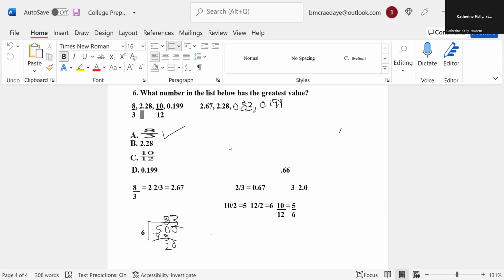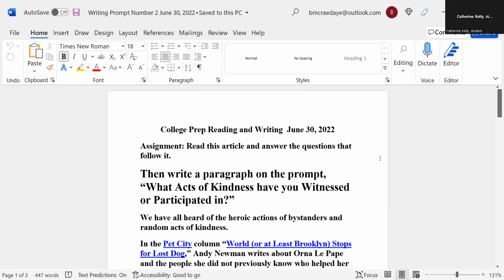Okay, I've got one more thing we want to do, and that's a prompt. So let me go to new share. I can't see it. I could hear you, but I can't see it. Okay, so I'm going to bring it up and then I'll send it to you. So this will be your homework, Catherine, along with your other homework. What did I say your homework was?